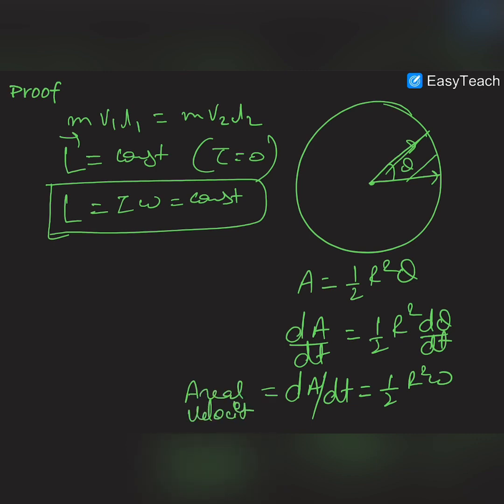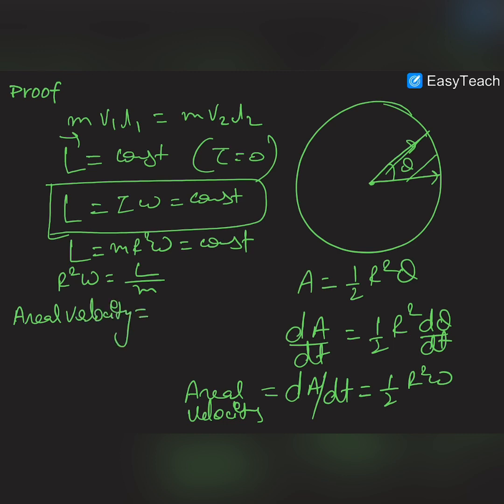So you can see that this angular momentum is m r square omega, and it is constant, and r square omega is equal to L by m. The areal velocity is equal to half r square omega, so this is half L by m.